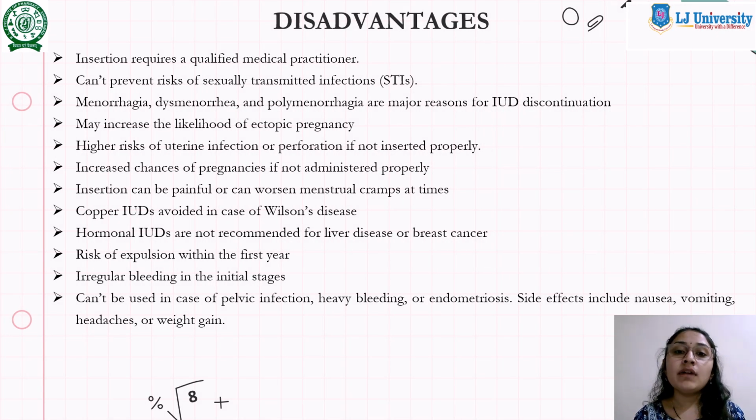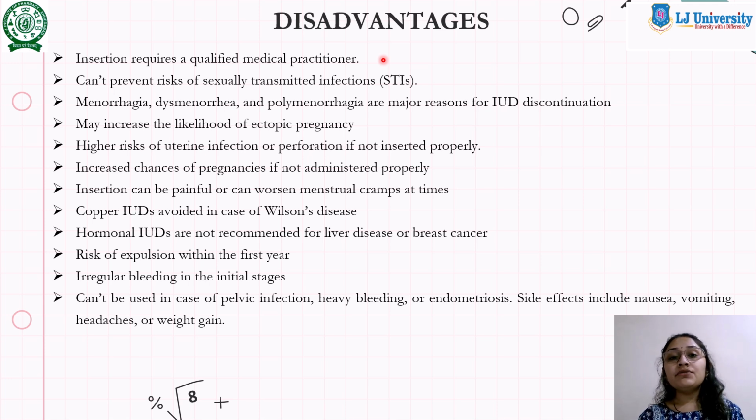The next slide is about the disadvantages of the intrauterine device. The first mentioned disadvantage, which cannot really be considered a disadvantage, is that insertion requires a qualified medical practitioner.